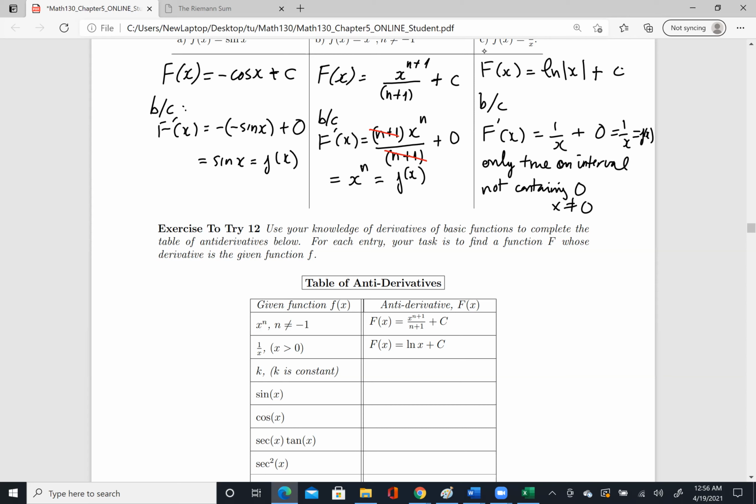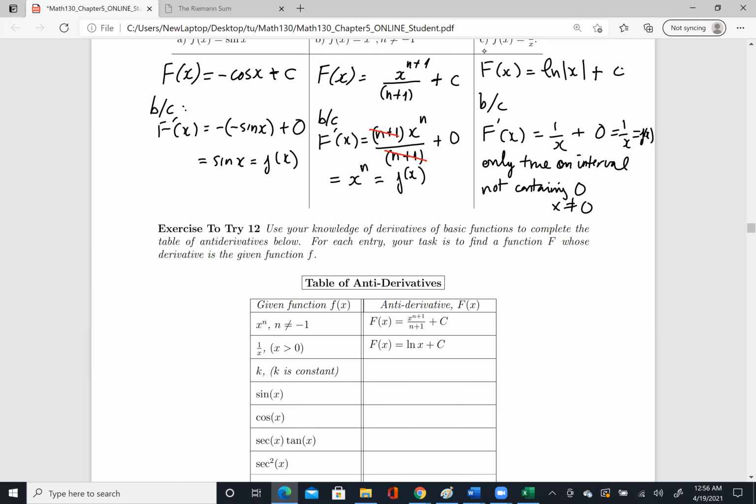The task is to find the function F whose derivative is a given function f. So let's try to finish this, and then we can work on it together in class and see what happens.